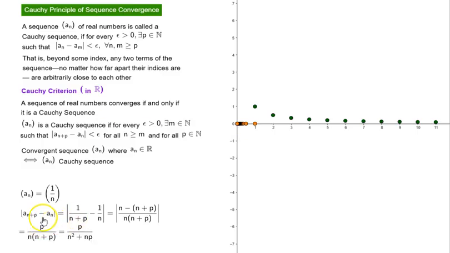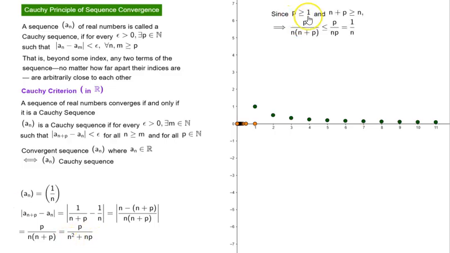So here, the absolute value of a sub n plus p minus a sub n is equal to the absolute value of 1 by n plus p minus 1 by n, which simplifies to n minus n plus p by n times n plus p, which gives us p by n times n plus p, which gives us p by n square plus np.